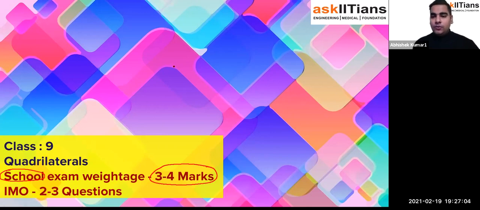And this chapter is more important because we use the concept of quadrilaterals in other chapters of geometry as well. So it's very important for us to understand everything that we are covering here in this chapter properly.